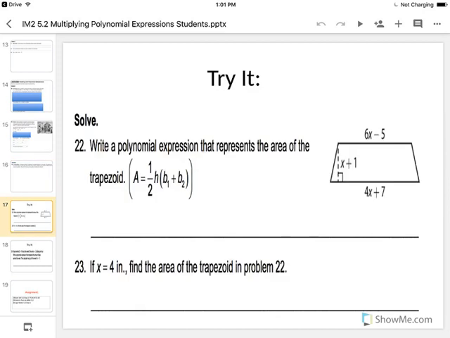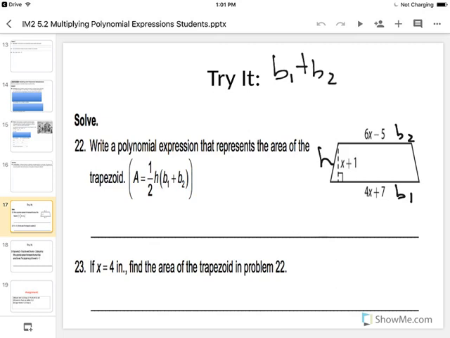Write a polynomial expression that represents the area of a trapezoid. We're given that the formula for a trapezoid is 1/2 times the height times base 1 plus base 2. So this is your height, this is your base 1, and this is your base 2. Let's work this out first.